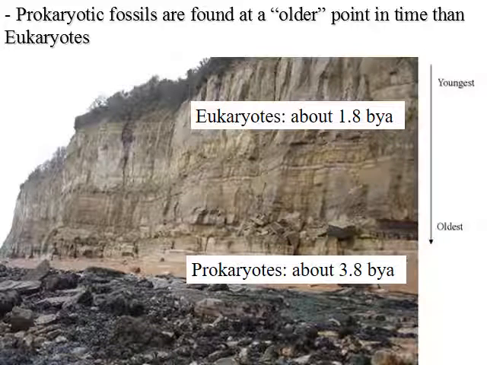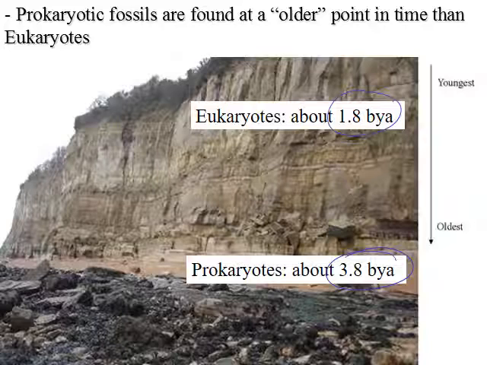Now, based upon actual half-life data, we know that prokaryotic fossils are found in lower layers than eukaryotic fossils. So we know they are older, but thanks to half-life, we're actually able to get a much better estimate of how much older. And when we did the half-life calculations, it comes out that prokaryotes basically had the Earth to themselves for about 2 billion years.